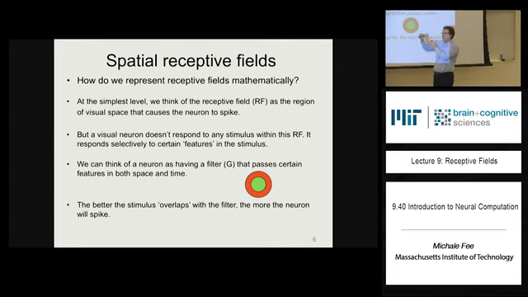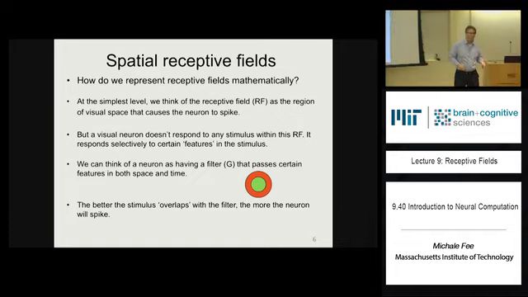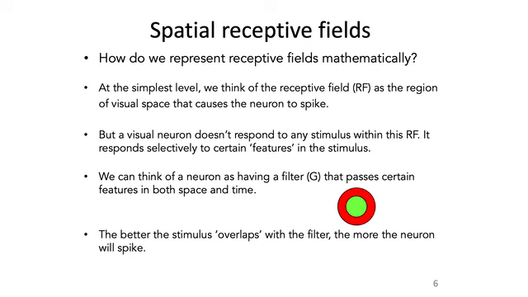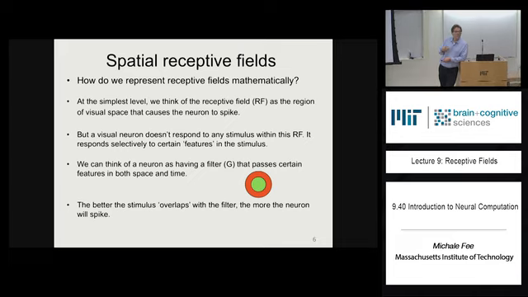Okay, so if you flash a light over here, the neuron might respond. If you flash a light over here, it won't respond. Okay, so there's this region of the visual field where neurons respond, but it's more than just a region.